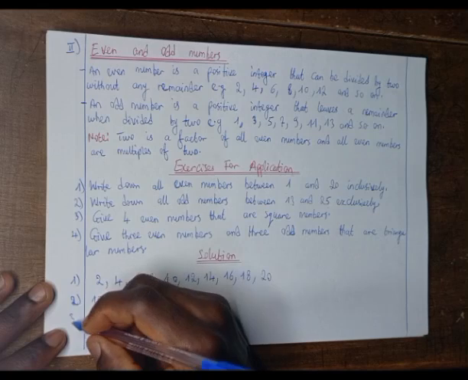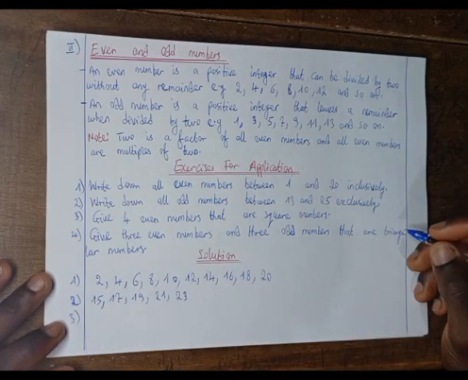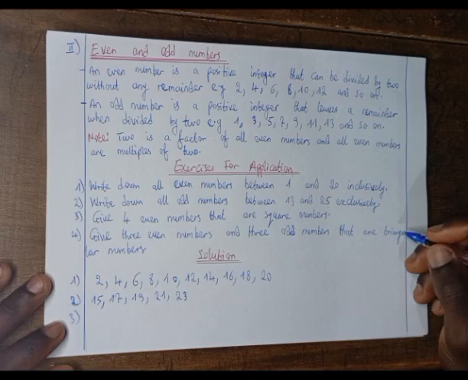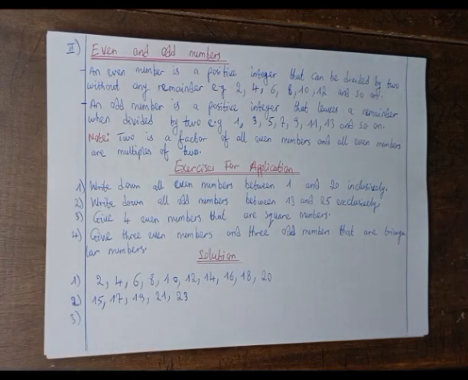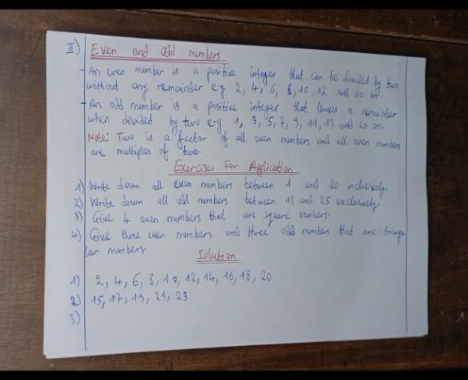We go on to question 3. It says give 4 even numbers that are square numbers. We know that a square number is a number that is a product of 2 equal numbers.